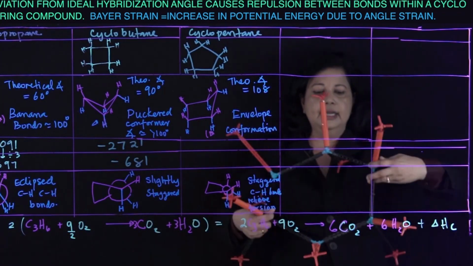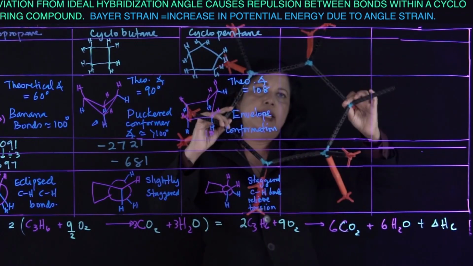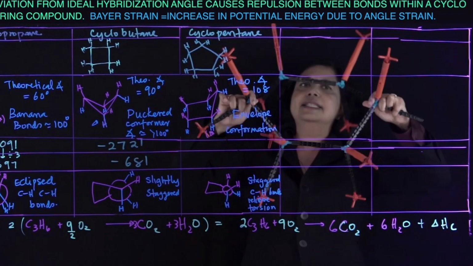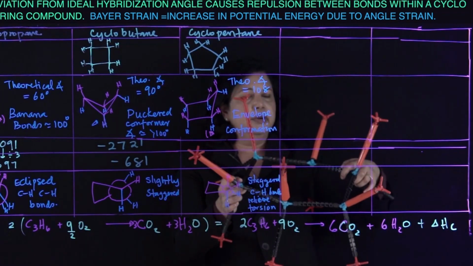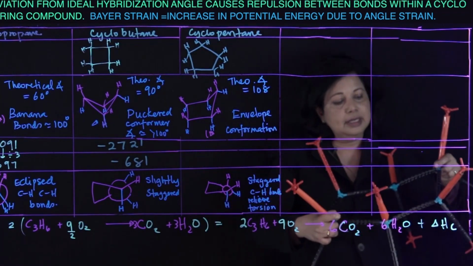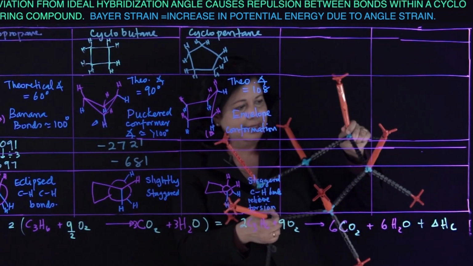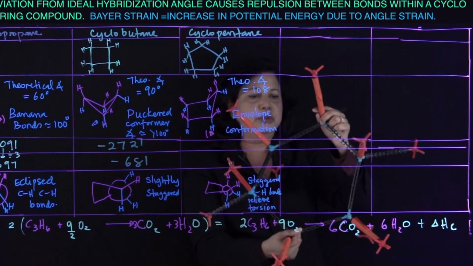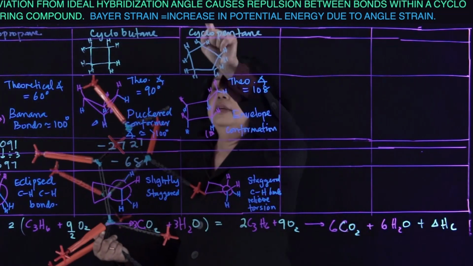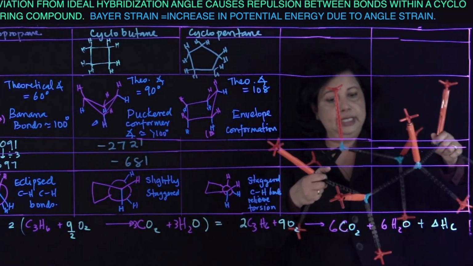6-membered rings. What do they want to look like? Do they want to be flat like this? Of course not. Well, now this is going to be 120 degrees, so not that great, because 120 is a little bit too much of a deviation from 109.5, or about 10 degrees off.